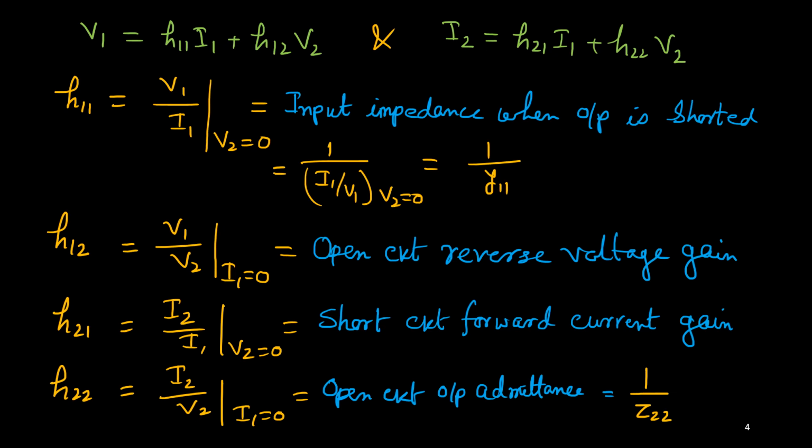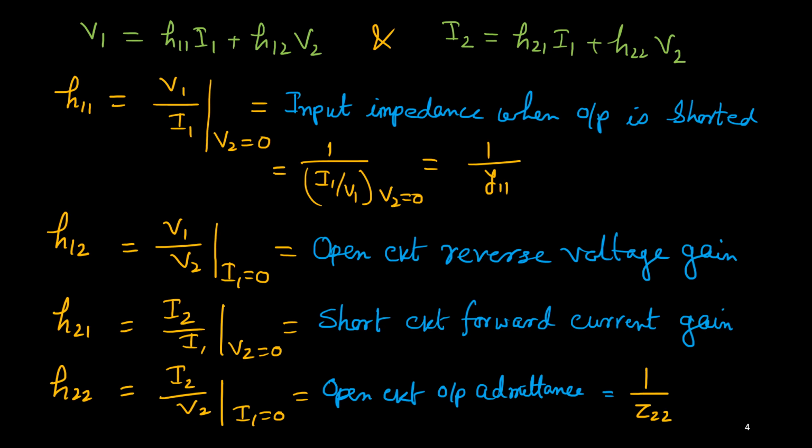So from this very simple thing, we can understand that the H parameters are a combination of impedance, admittance, voltage gain, and current gain. Thus it is called hybrid. So it is of a hybrid nature, that is called hybrid parameters.